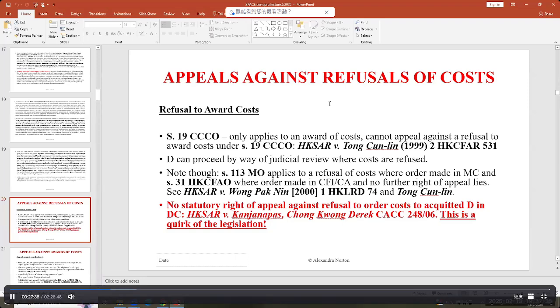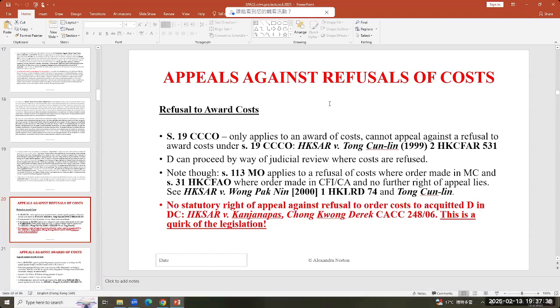He would need to use the judicial review avenue unless there's another statutory provision which gives him that power. So if he's in the magistrate's court, Section 113 covers it. He can appeal against a refusal to give him costs. Similarly, if he's in the CFI or CA, he can rely on the final appeal ordinance.